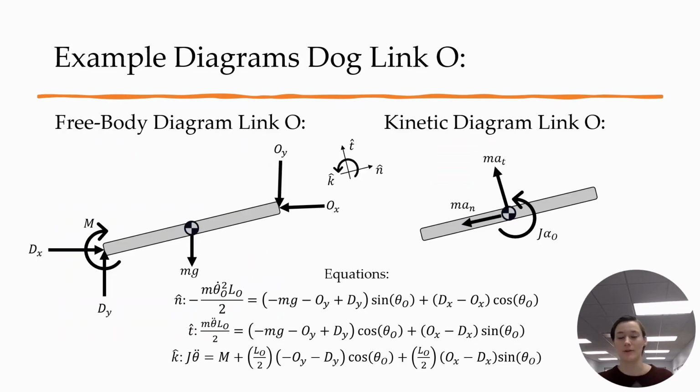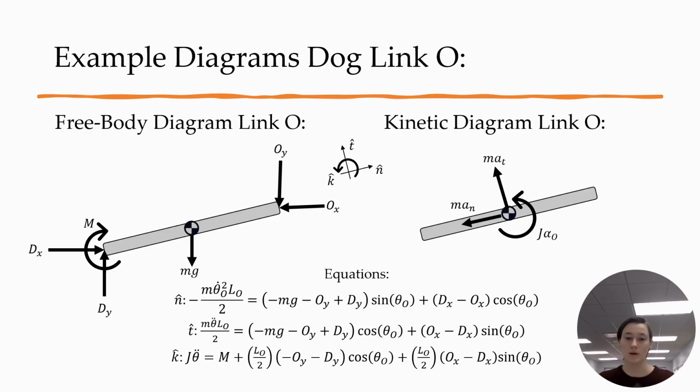This slide shows our free body diagram and kinetic diagram for one of our 3 fixed length links in our dog system. As shown, we use path coordinates, which is a normal component, which is along the member, a tangential component, which is orthogonal to the member, and so as the member moves, these 2 directions will change as well, and then a 3rd direction, which is orthogonal to both of the other 2 directions. As shown, at points D and O, they're pin joint connected, where this link meets our other 2 links.